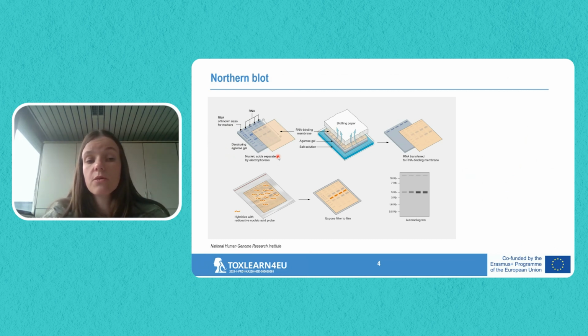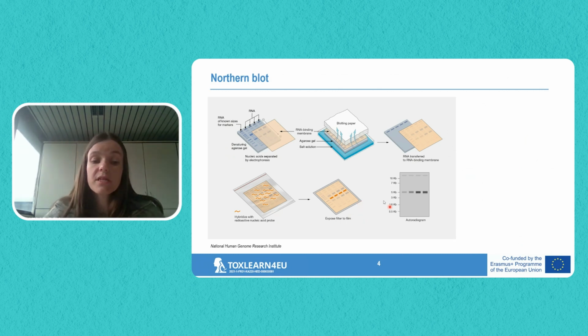Subsequently, the RNA will be blotted, as we call it. So this means that the RNA is transferred to an RNA binding membrane, which is shown in this orange color here. And subsequently, this membrane will be hybridized with radioactively labeled nucleic acid probes. So these probes you have to design beforehand, and these will be complementary to the RNA sequence of your target gene.